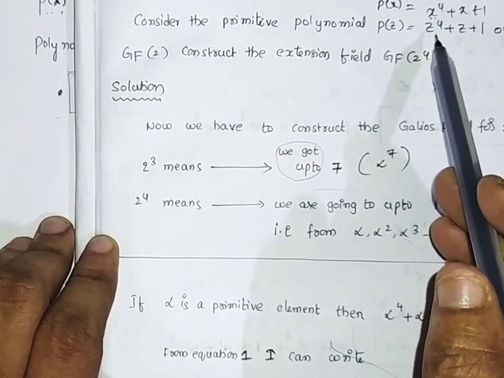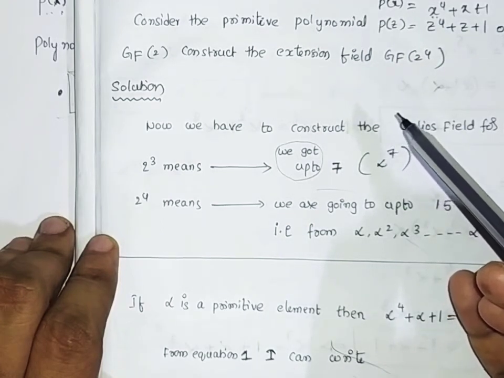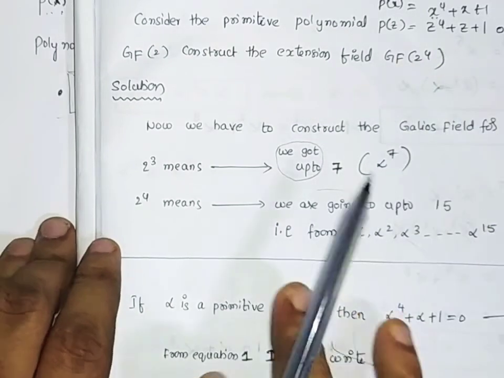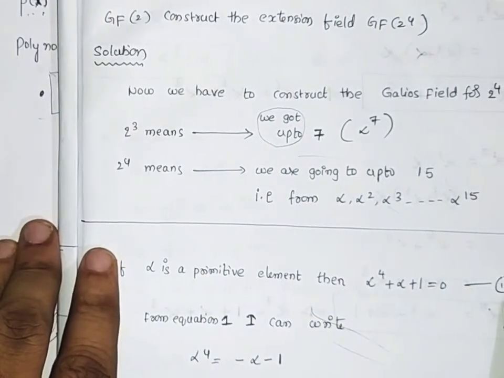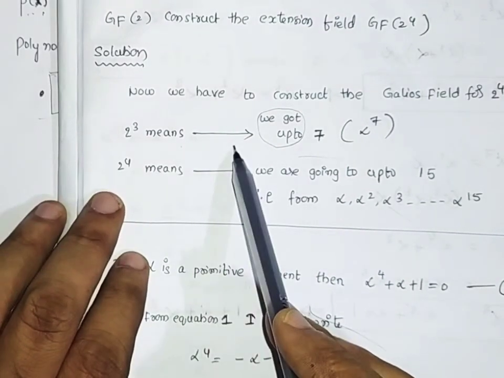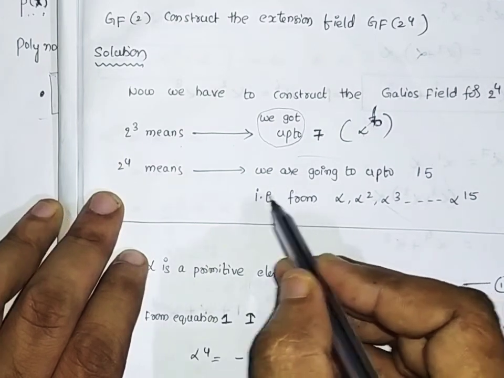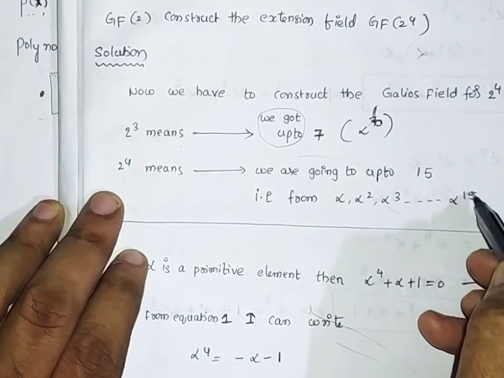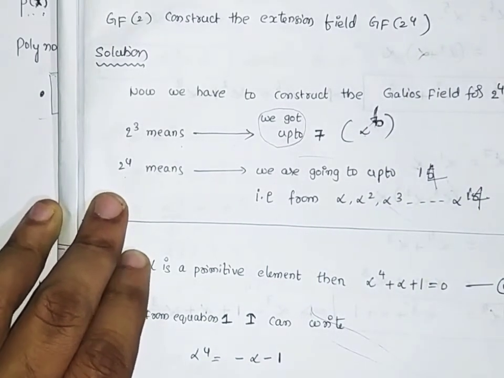Now in what manner are we going to calculate the elements present in the Galois field? 2 power 3 means 8 elements, up to alpha power 6. And 2 power 4 means 16 elements, up to alpha power 14.